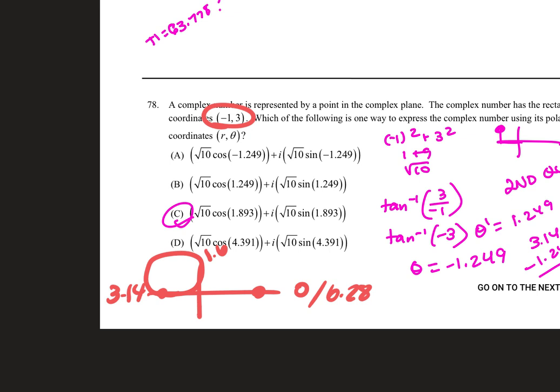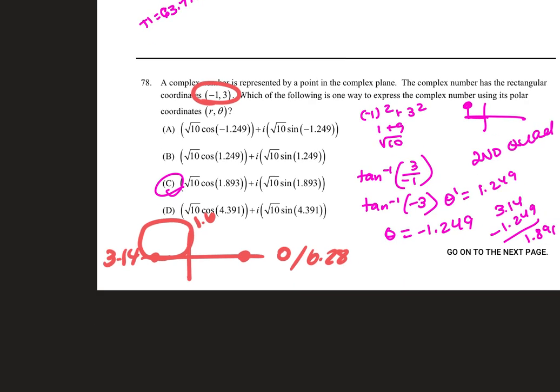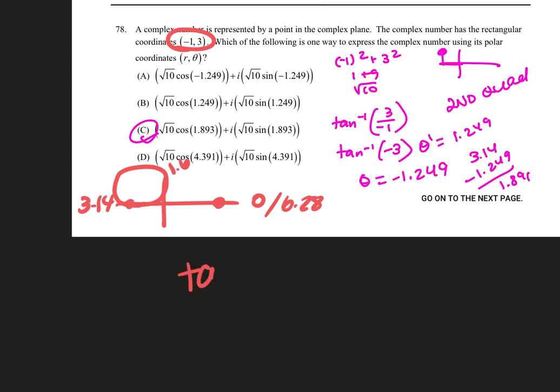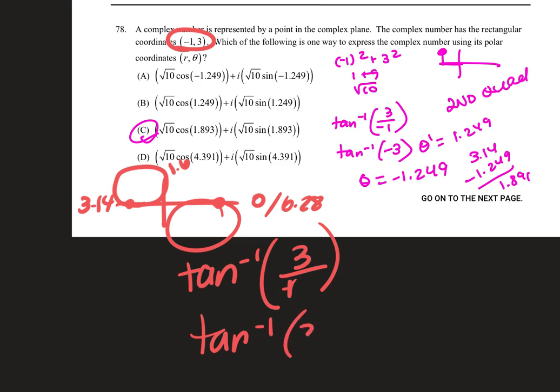The way you find it exactly, though, let's say there's two within that range, is you're going to do the inverse tan of the y over the x. I ignore the sign the first time because it's going to give me a negative angle, right? The negative angle is here. I need to find the reference angle, and I need to figure out what quadrant it's in. So I ignore the sign the first time. Y over x would be inverse tan of 3.